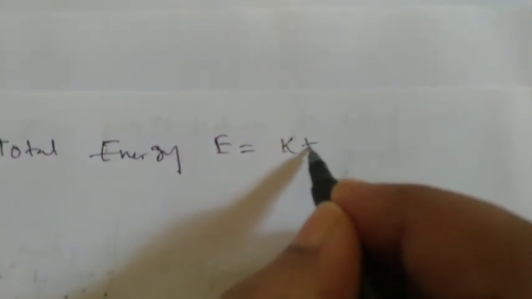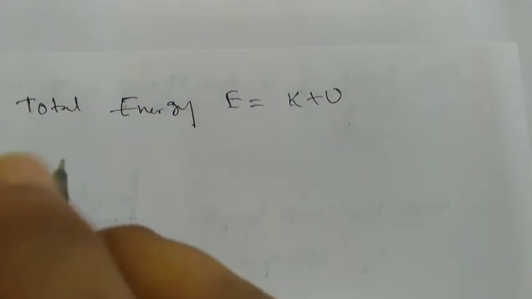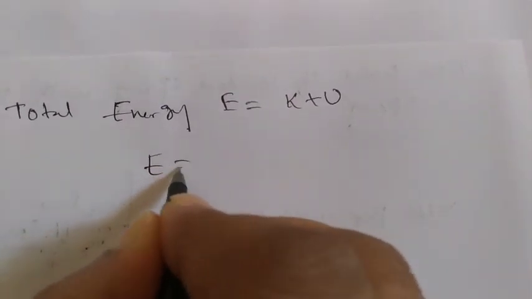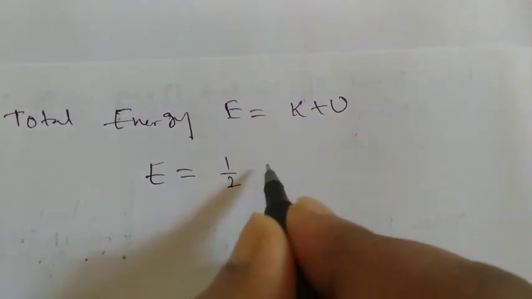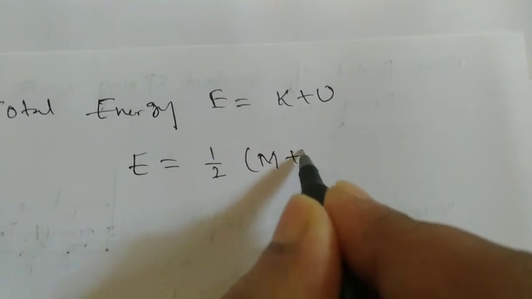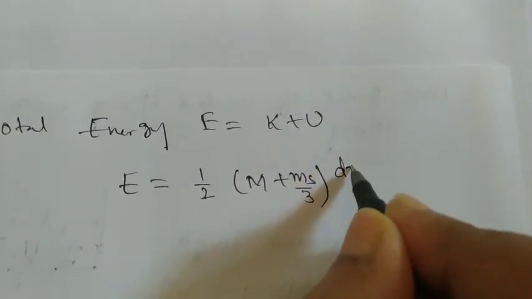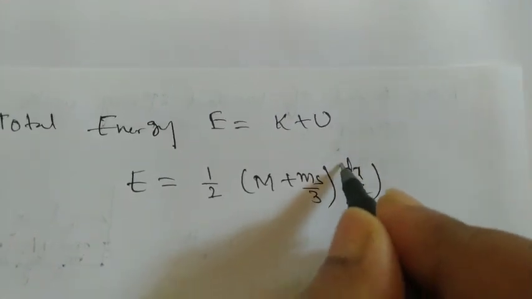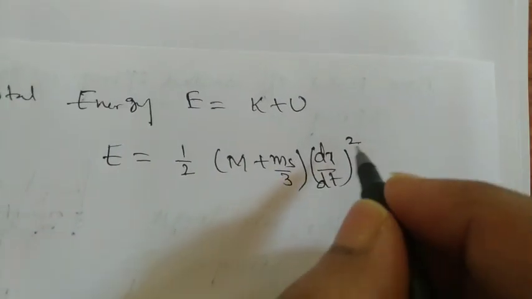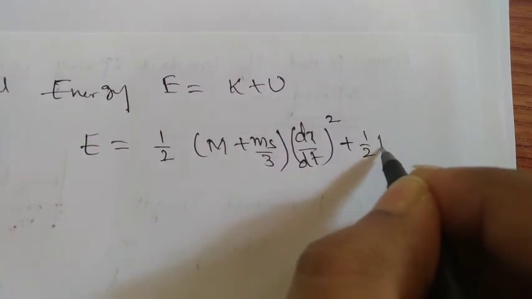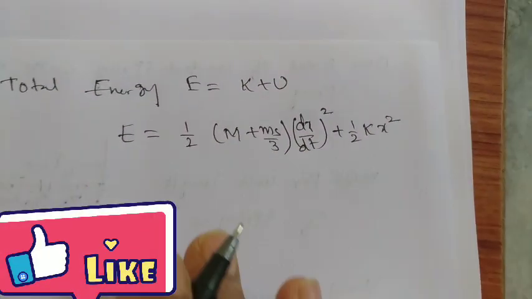Therefore, the total energy is the next step. Total energy means kinetic energy plus potential energy, that is E equals the kinetic energy we already derived, (1/2) (m + ms/3) (dx/dt)^2, plus the potential energy (1/2) k x^2.